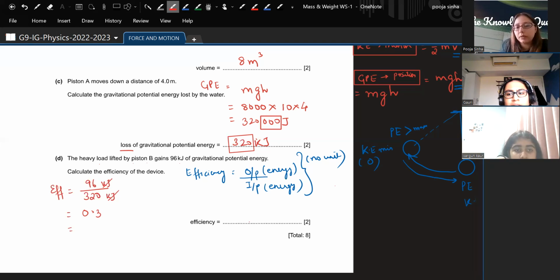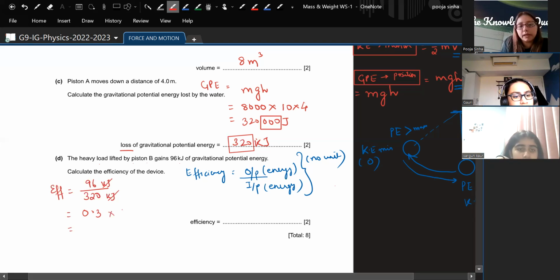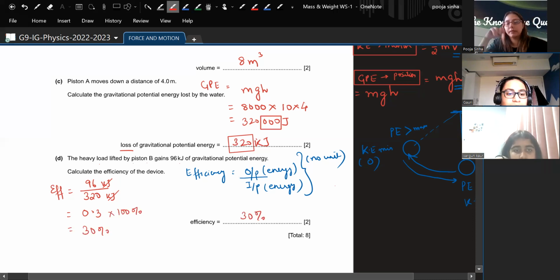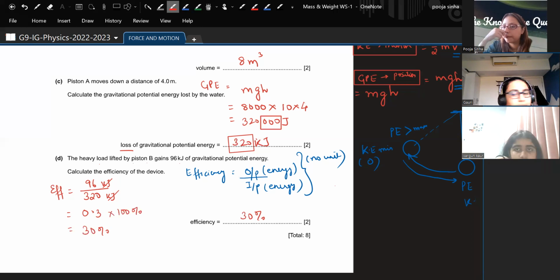So how do I do that? Multiplied by 100%. That's how we will figure this out. So what is the answer? 30%. That is what you will write here. Clear? Any confusions?